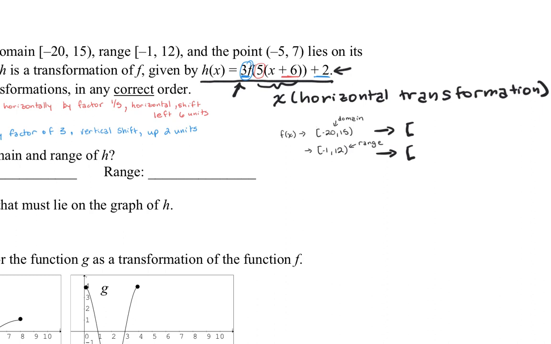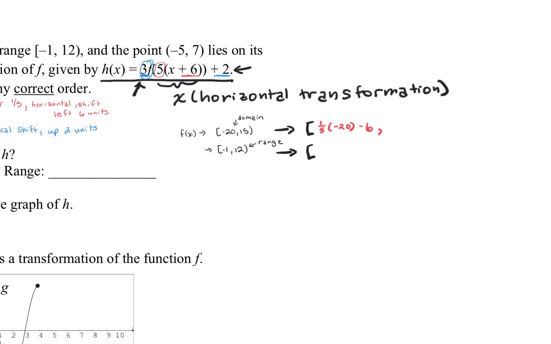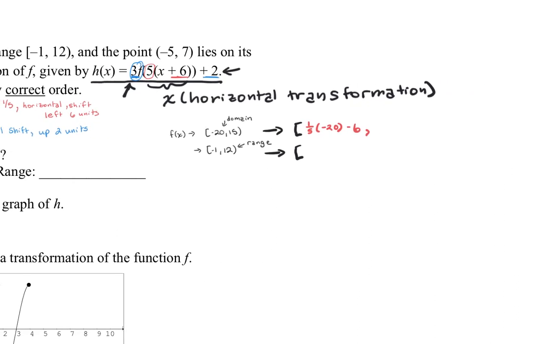So the domain, we know it's compressing horizontally by a factor of 1/5. So we're going to take 1/5 of what we originally know, and then there's a horizontal shift left 6 units, so we're subtracting 6. So that should be our new value for that, and then we'll do the same thing for the 15. So 1/5 of that 15 minus that 6. And that right endpoint, like we said, is excluded, so we have a parenthesis around it.